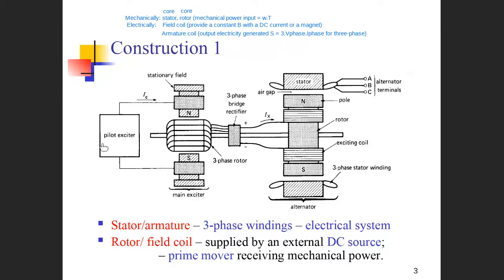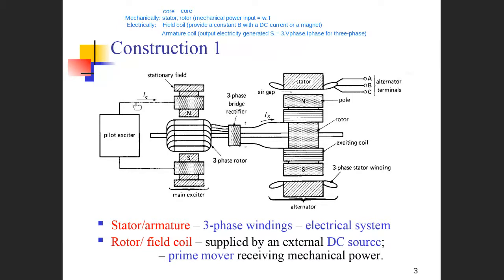Here we use the pilot exciter to represent whatever source you use. You can use batteries, or another small generator. Anyway, we have a DC voltage, therefore a DC current supplied to the stator. On the stator, we have one group of coils. When there is current, there is a magnetic field, as we learned last semester.